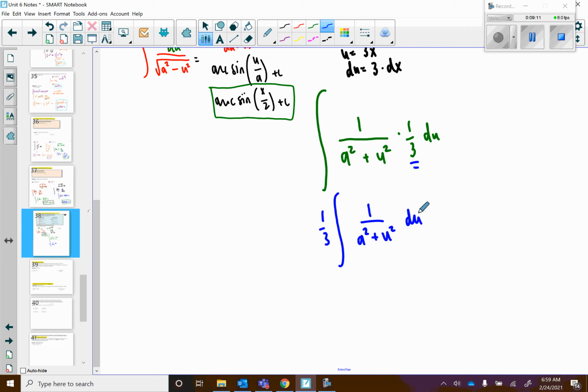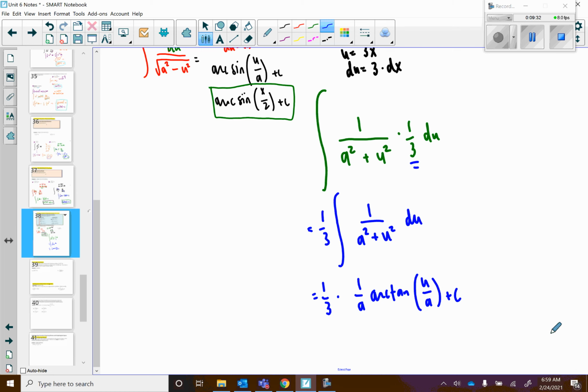Take a moment, identify what we have. I'm seeing inverse tangent. So I have still this 1/3 out front times 1 over a inverse tangent of u over a plus c. But I don't want u and a.